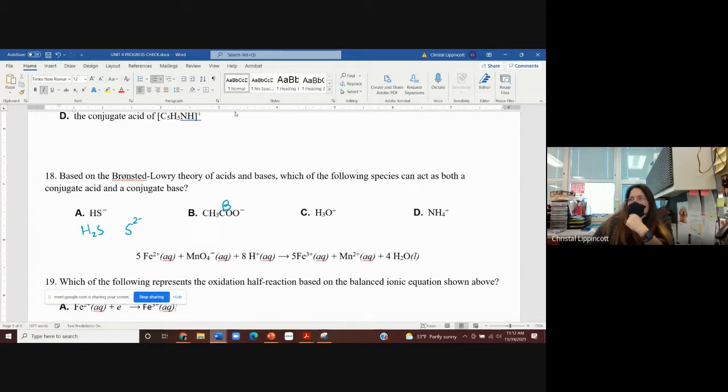So it can't be a base, because a base is a hydrogen acceptor. This is an acid. It can give one away and become NH3.